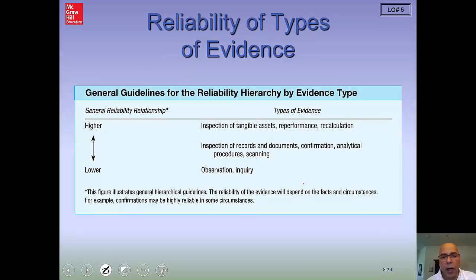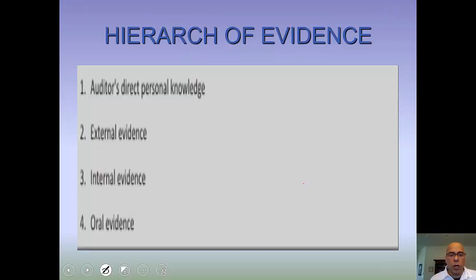So again, higher level persuasiveness, a higher quality of evidence, is things like inspection of a tangible asset, reperformance, recalculation. We're going to see that those types of procedures fall into the category of auditor direct personal knowledge, and that observation and inquiry are a little bit lower on the food chain of procedures that would generate evidence. So when we talk about the hierarchy of evidence, auditors' direct personal knowledge is the most persuasive.